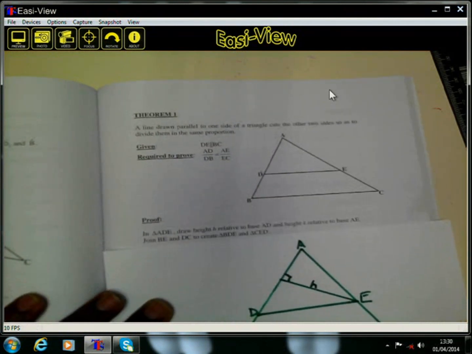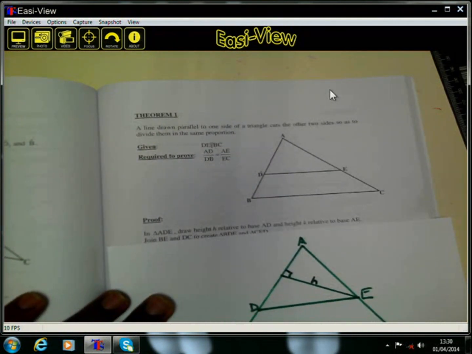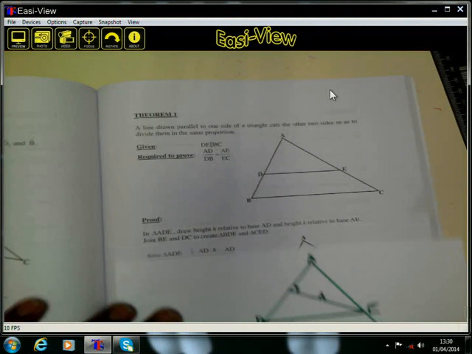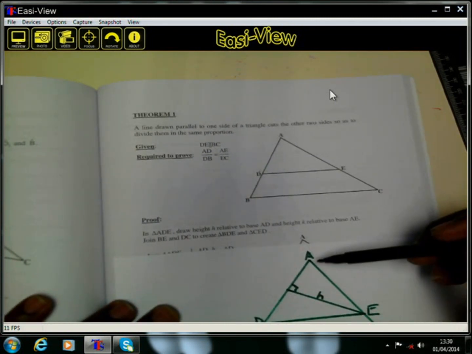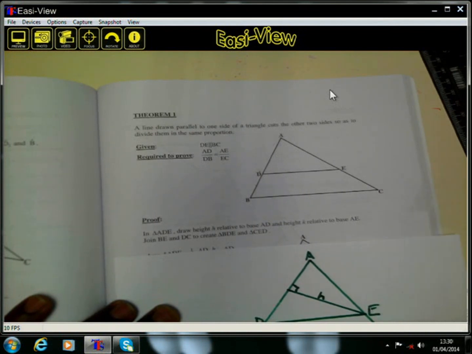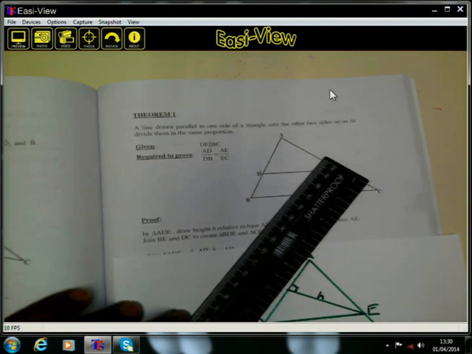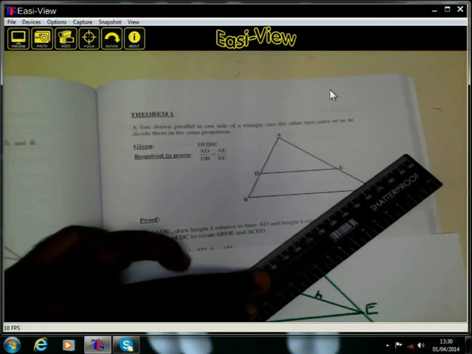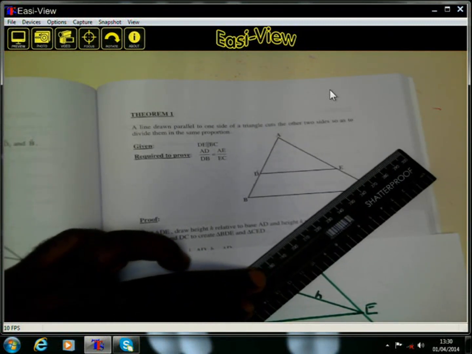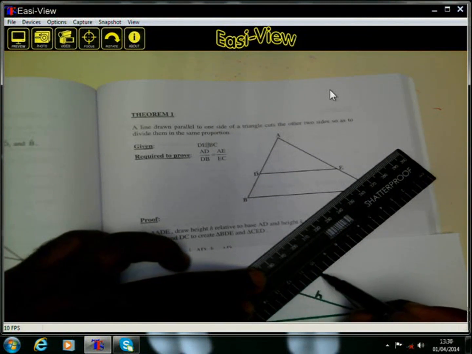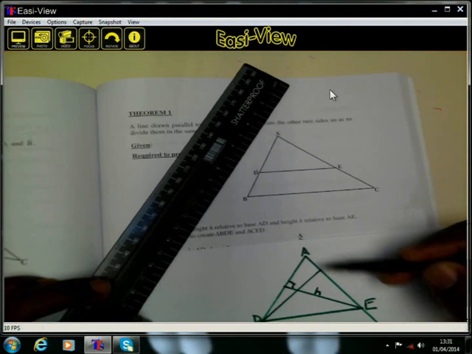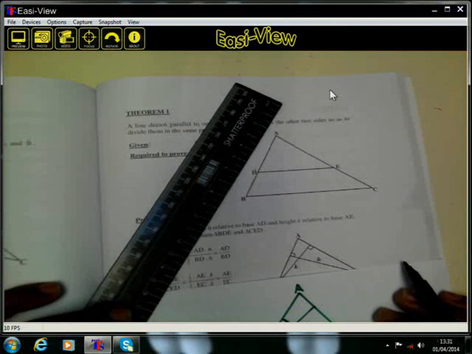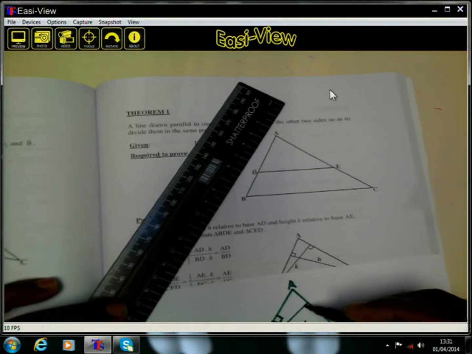Fine. Now, I am also going to have another height for another triangle. This time, if I'm going to use AE as the base, it means I must have another height for the same triangle, ADE. This is another construction that I've done. This line which I've drawn here must be perpendicular to line AE.